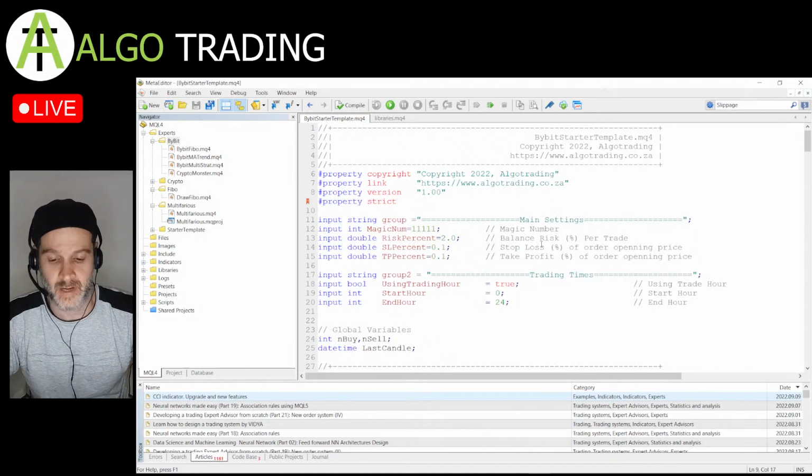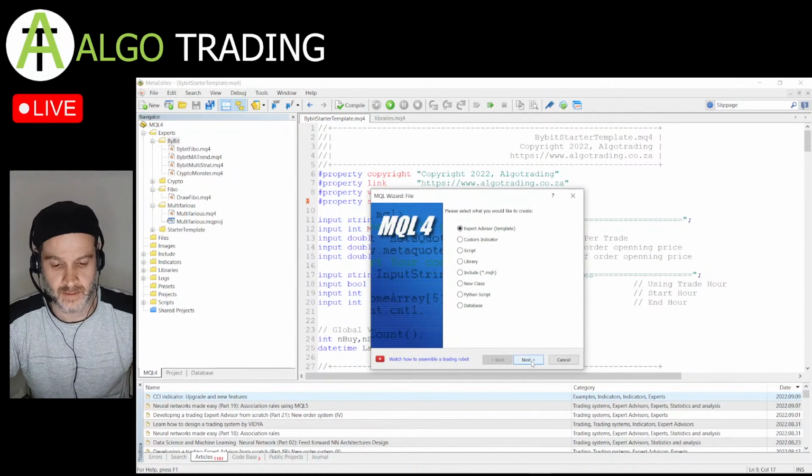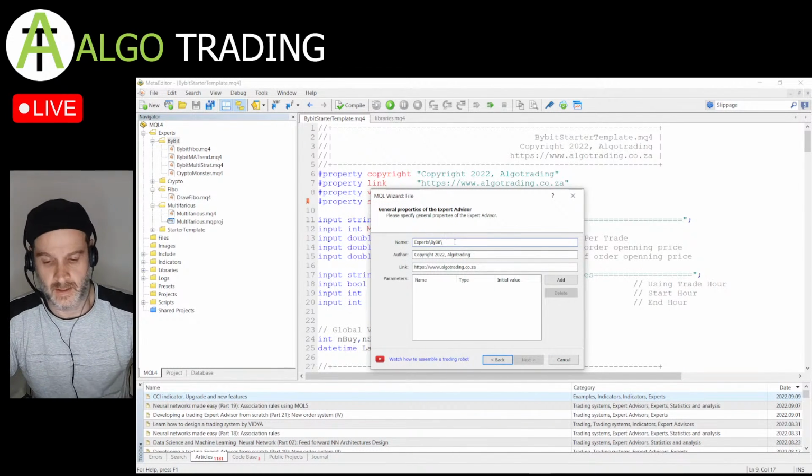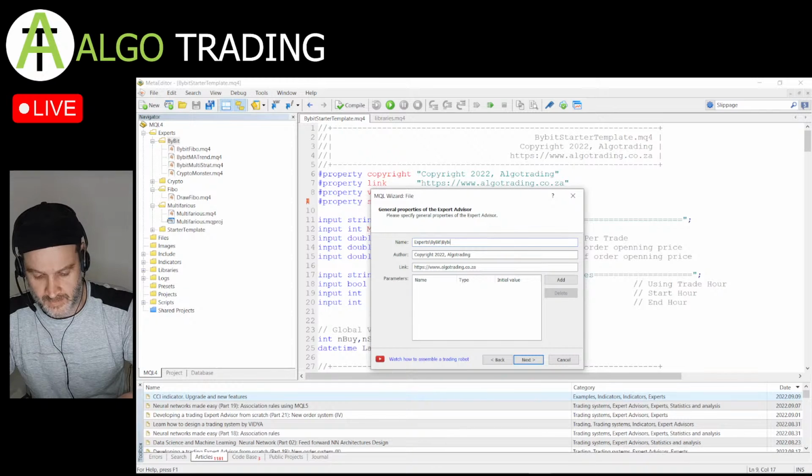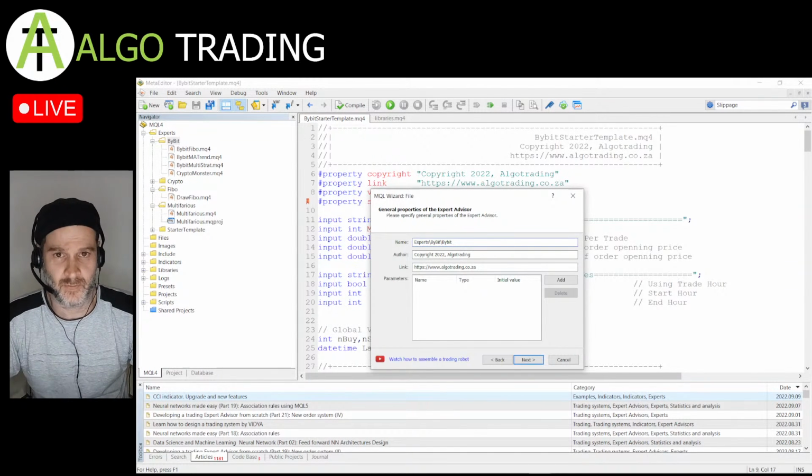Okay, so as usual, we're going to create a new file, and we're going to call this BYBIT momentum. Now remember, I'm doing this for BYBIT, but you could probably use this on any MT4 terminal, on any sort of index or currency pair.